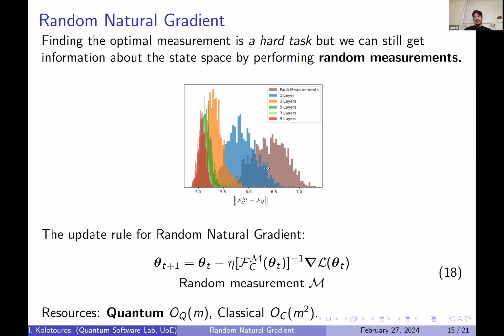Yes, exactly. I agree. And the thing is that if you calculate the quantum Fisher information matrix in a practical scenario, you will calculate each element independently. You will still have an error in your entries.